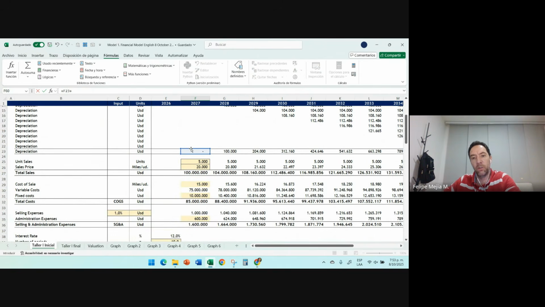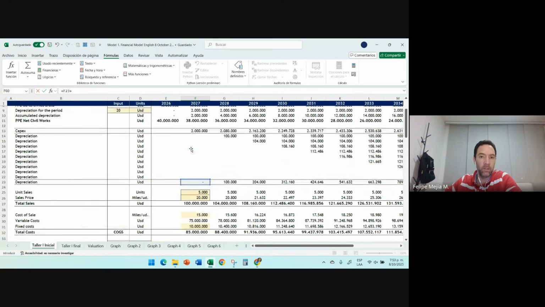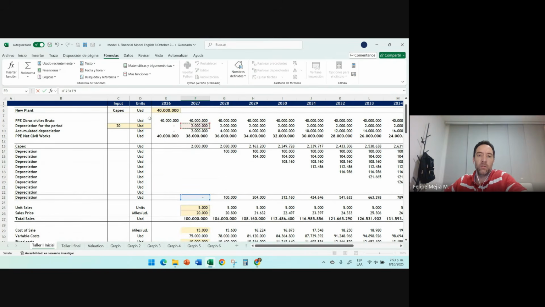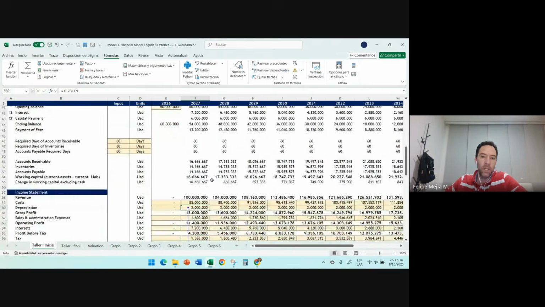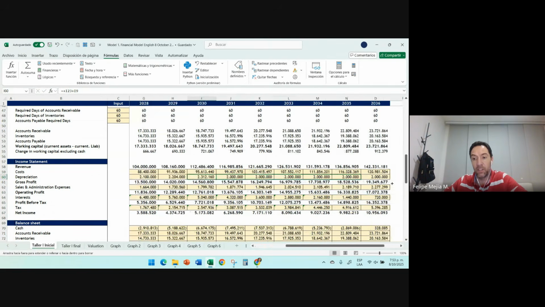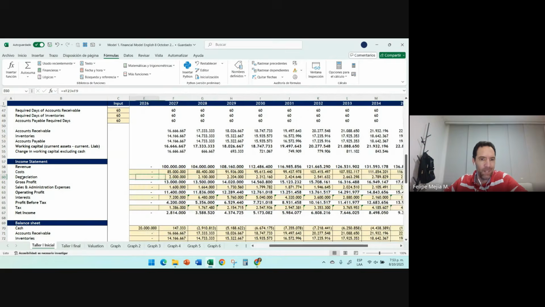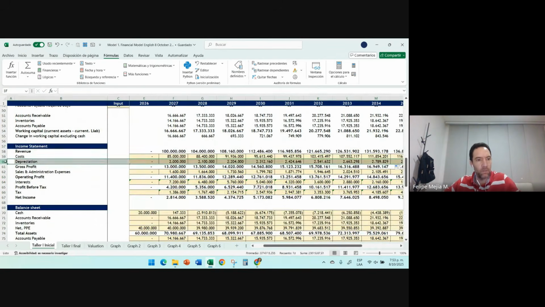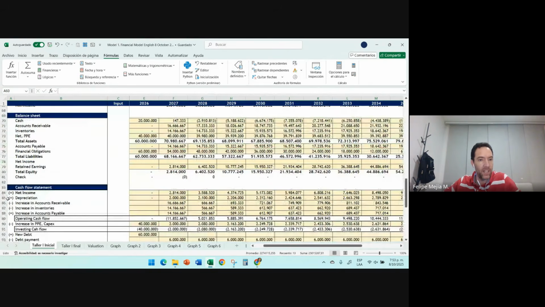For instance, this depreciation is comprised by the depreciation of the current capex and the depreciation of the initial capex. So in this particular case, we have a higher depreciation. It has impact on the forecasted tax, but it's something funny about it. It's subtracted here, and then we add it again here.